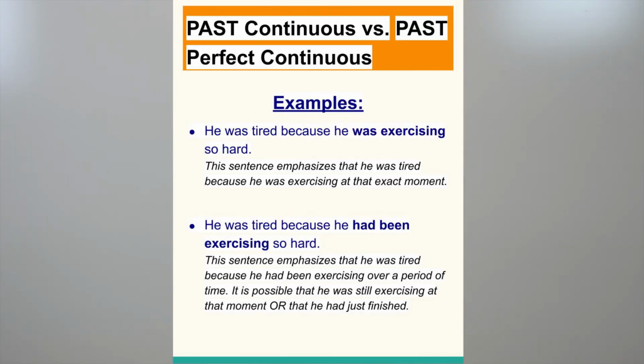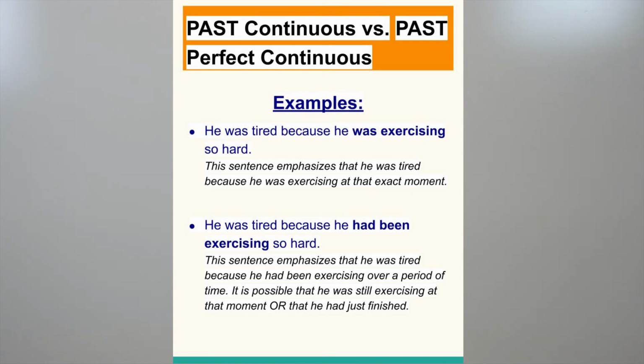So look at the sentence, "He was tired because he was exercising so hard." This sentence emphasizes that he was tired because he was exercising at that exact moment. But now let's look at the other example.